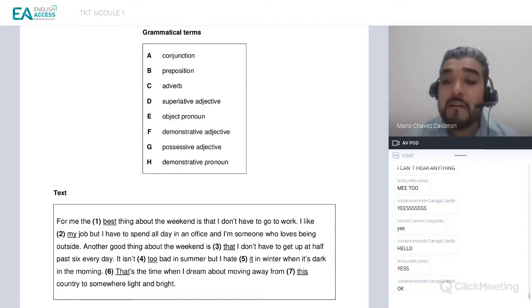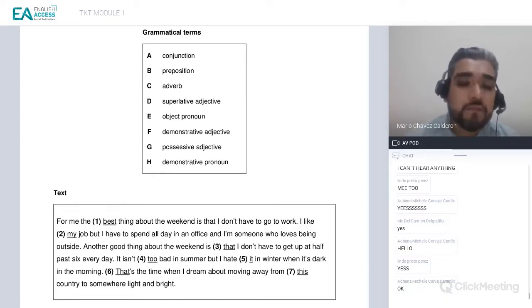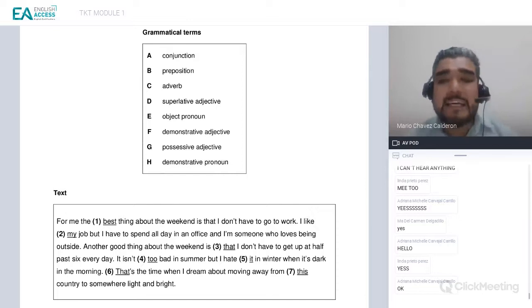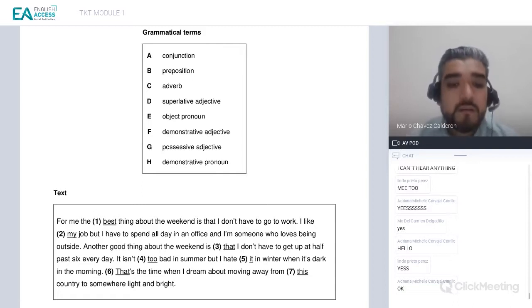So, it's letter F. Number 4, it isn't too bad. Too is an adverb of degree. So it's letter C. But I hate it. It is an object pronoun. So it's letter E.